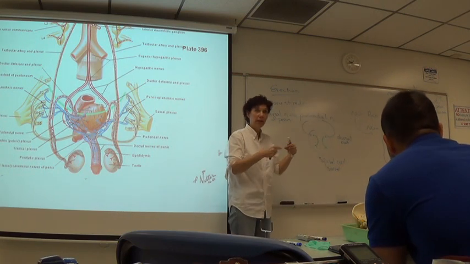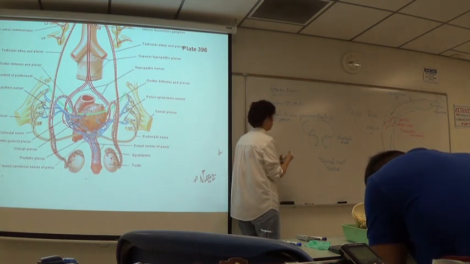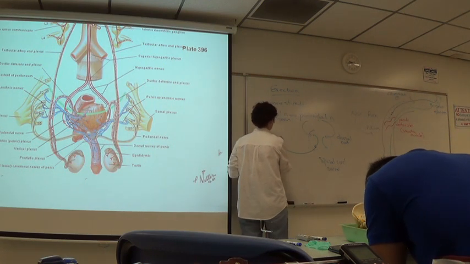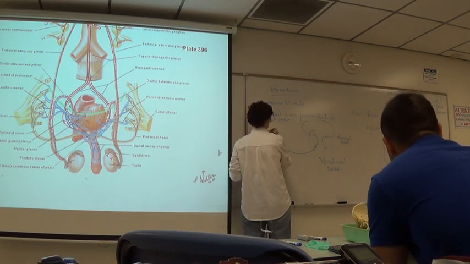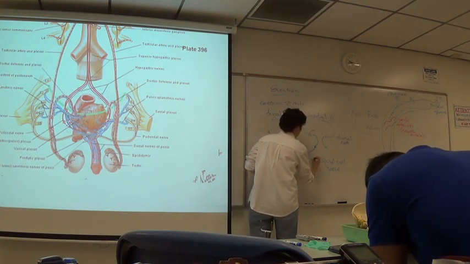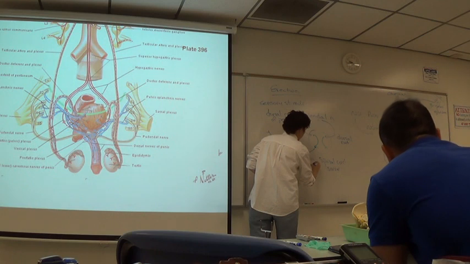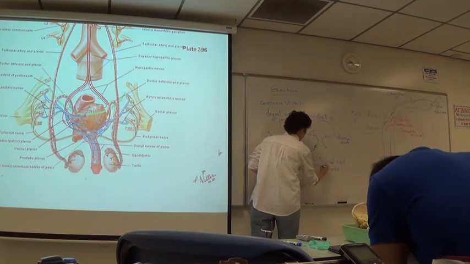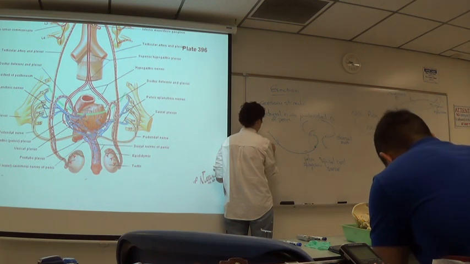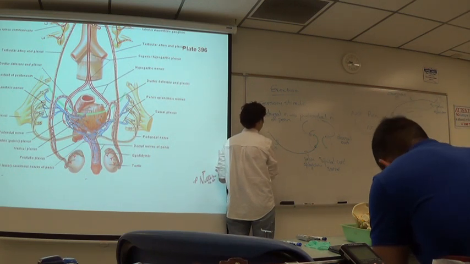Those are motor, so they're going to go out the ventral root, which we eventually call the cavernous nerves when they end up going to the penis and not the bladder.